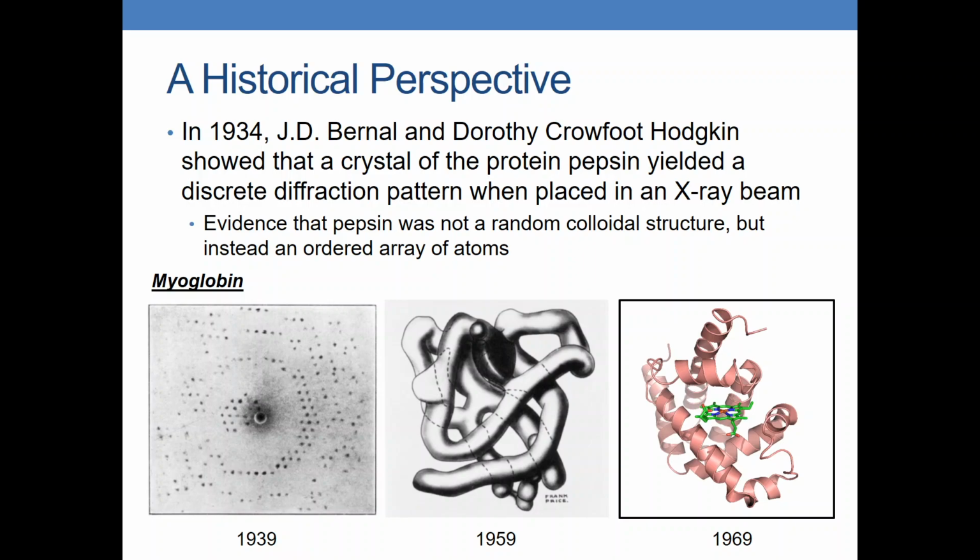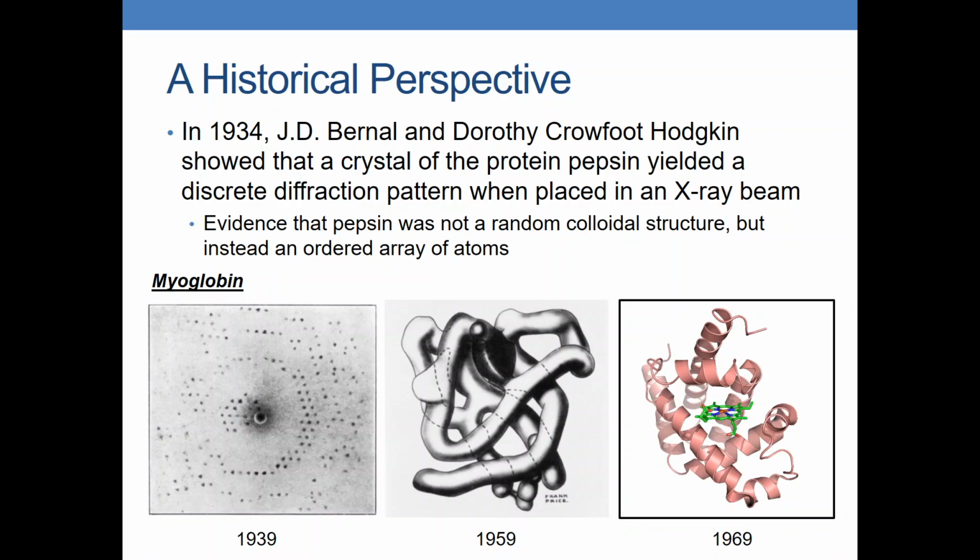So as early as 1934, we knew that proteins were not just a random mess of atoms, but instead they were some sort of ordered array. Now, at the time, in 1934, you couldn't really go much further than this, at least not for a protein.